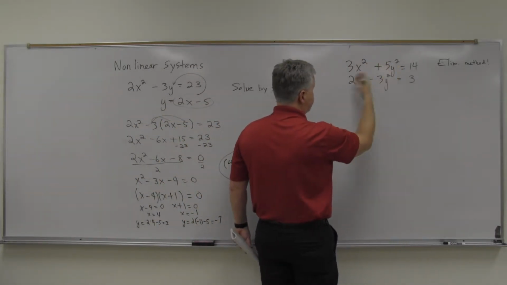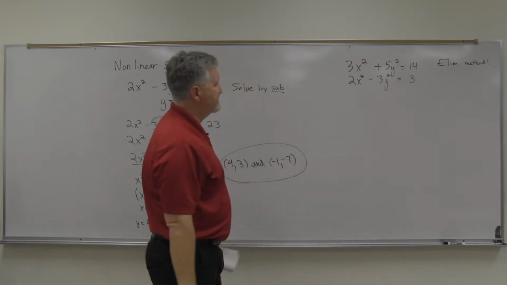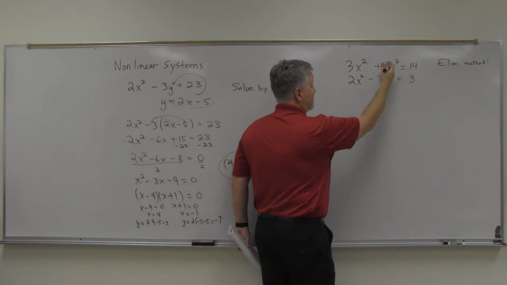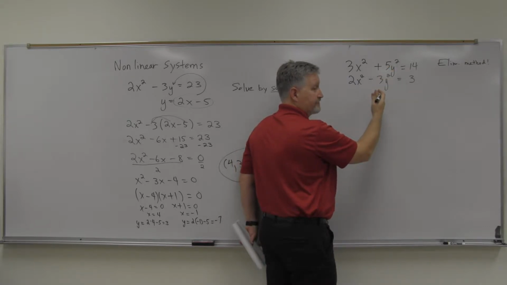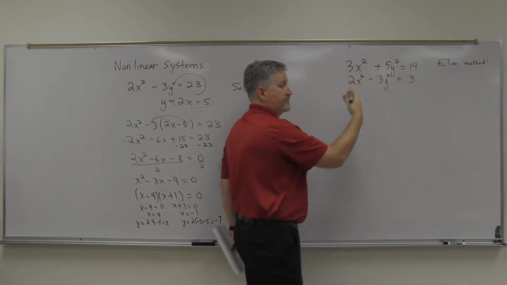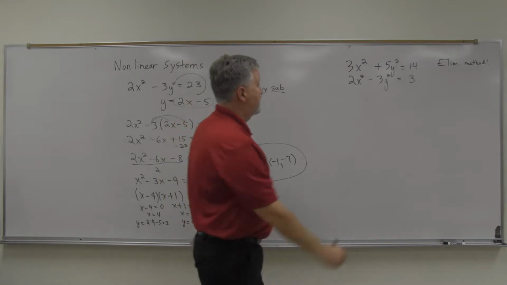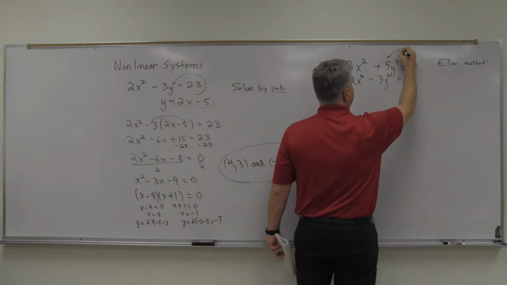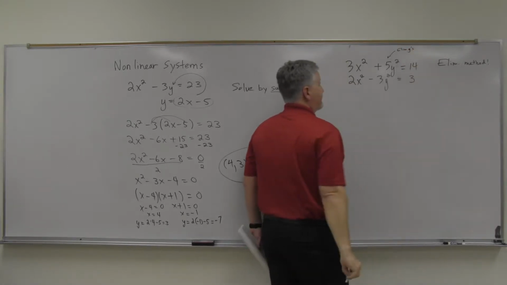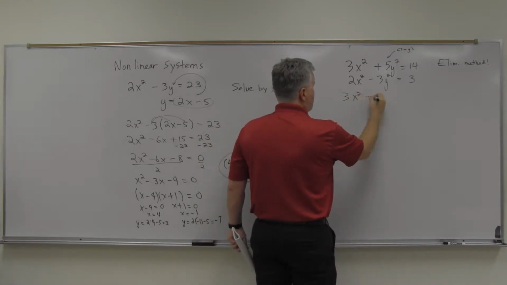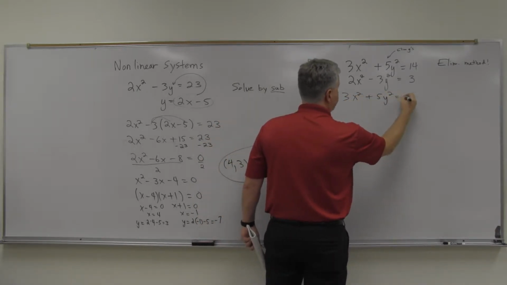Now, it's your choice. Probably I would go with the y's here because we've already got the opposite signs. But we could do the x's. It'd be smaller numbers, I guess, if we did that. But I'm going to eliminate the y squared. So let's rewrite it here.